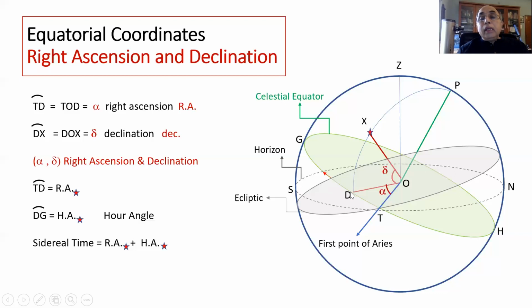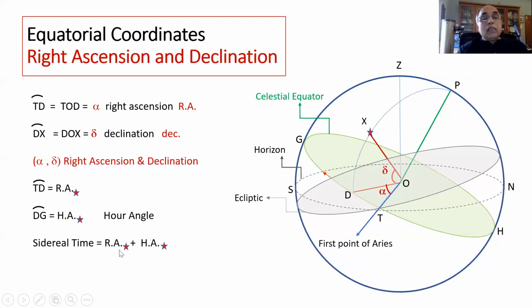From D to G, the arc DG is called hour angle of this object, the star projected on the horizon, and TD is giving you the right ascension of this object, and DG gives you the hour angle.